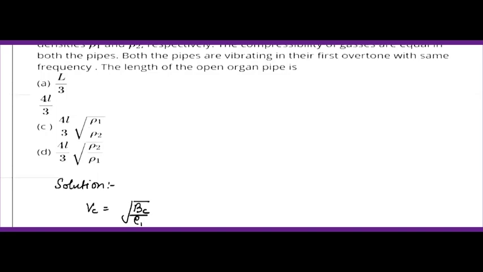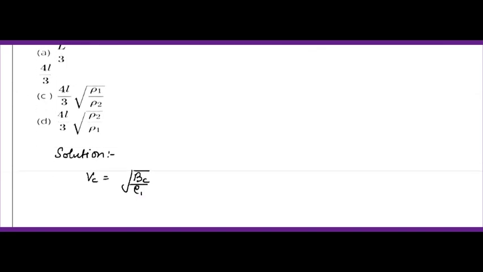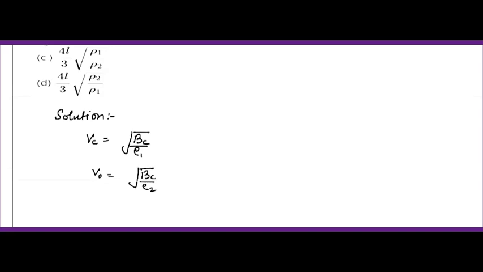As they have given, the closed pipe is filled with density ρ1, and Bc is your bulk modulus. Now we will find out for the open organ pipe, which is filled with density ρ2. V naught is equal to under root Bc by ρ2, as they have given that Bc is equal to B naught.